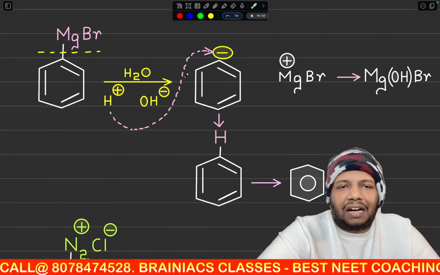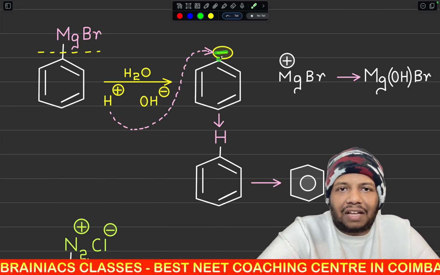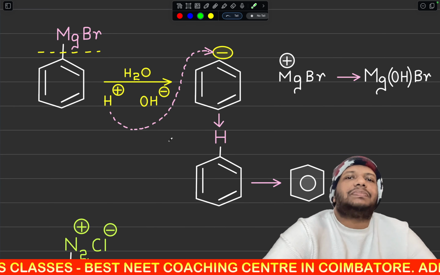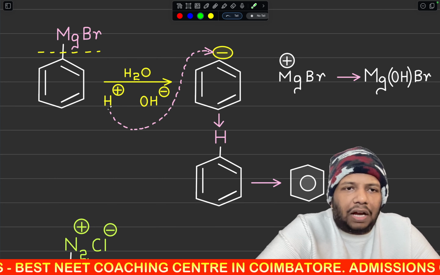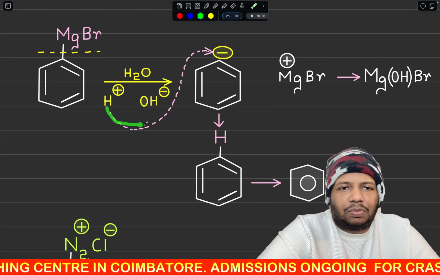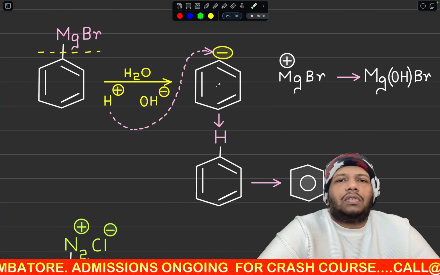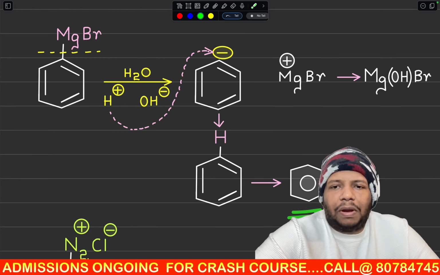I can say Grignard reagent is one reagent which will create a carbanion, in the sense carbon carrying negative charge. Now when water is hydrolyzed, you have H plus and OH minus. We know that opposite charges attract, so H plus will come and join here, and it will turn to benzene.